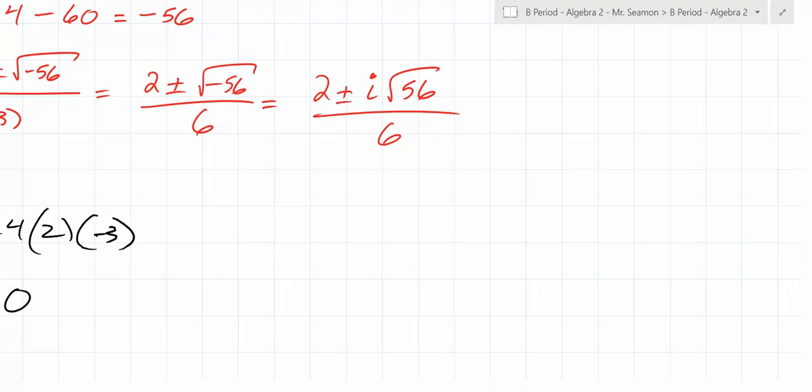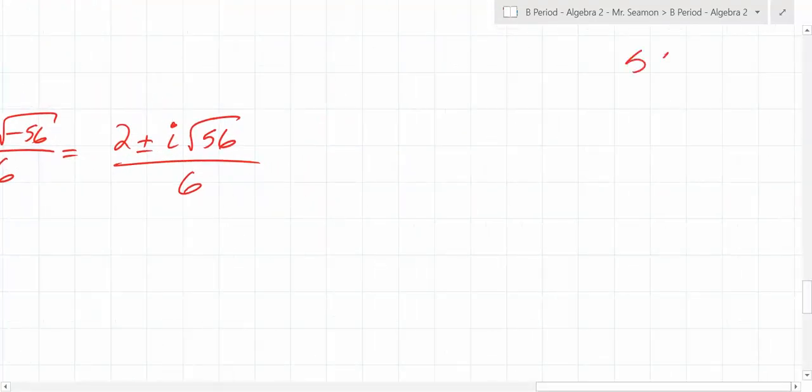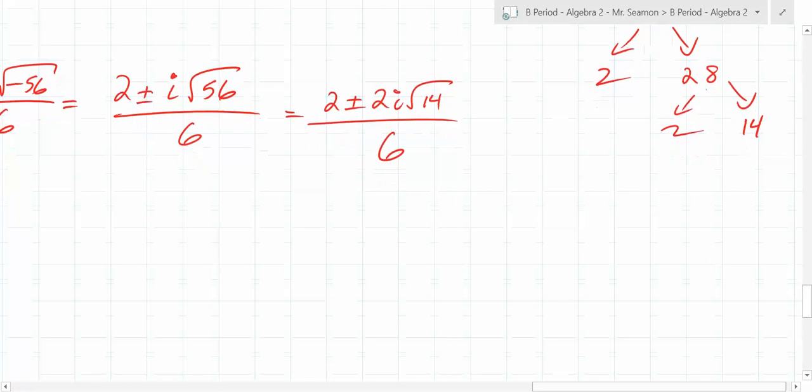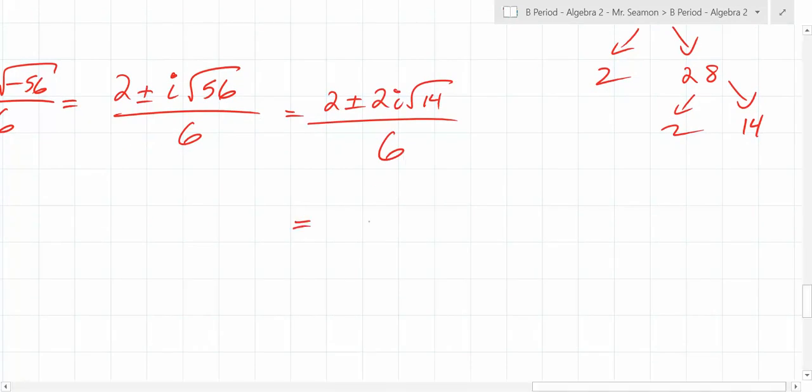But 56, what is 56? 2 and 28, right? So this turns into 2 plus or minus 2i root 14 all over 6. But the 2, 2, and 6 are all even, so what does it turn into? 1 plus or minus i root 14 all over 3.